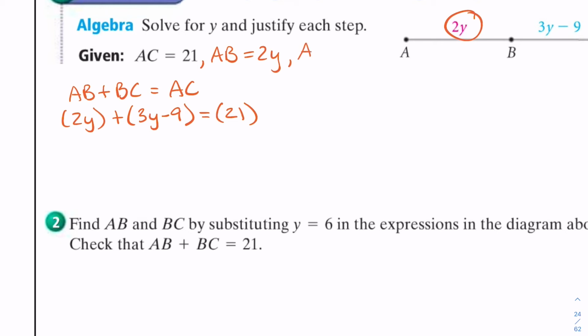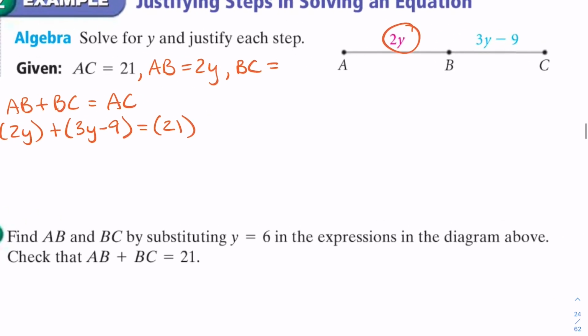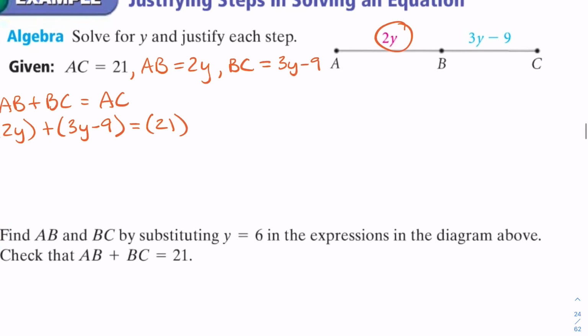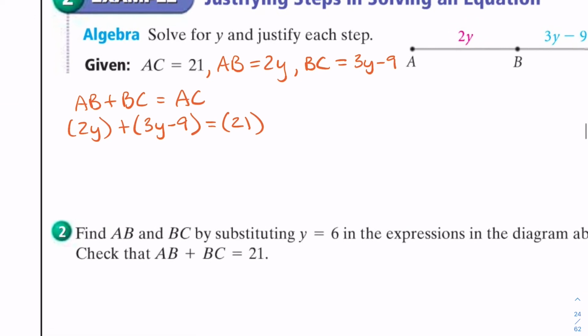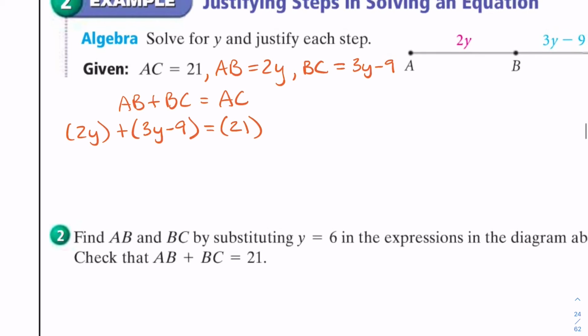And BC is 3y minus 9. So AB plus BC equals AC. Then we have 2y plus 3y minus 9 equals 21.